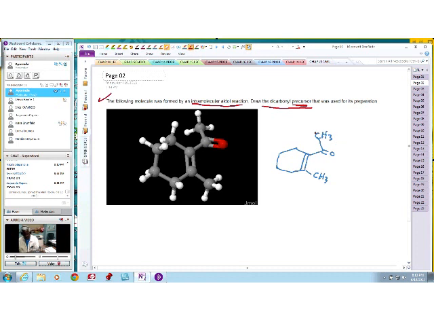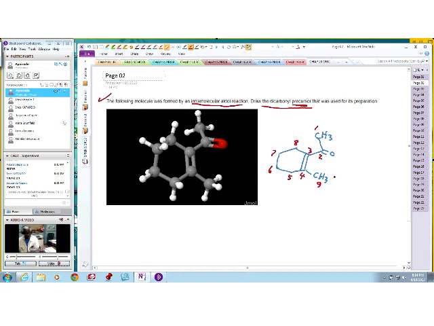Let us call this carbon 1, carbon 2, carbon 3, carbon 4, 5, 6, 7, 8, and I come back here, this carbon, I say this is carbon number 9.